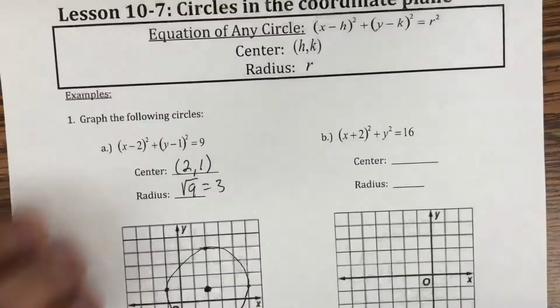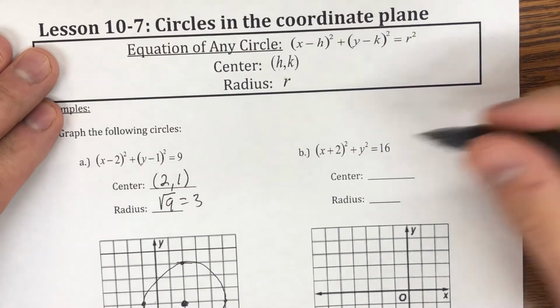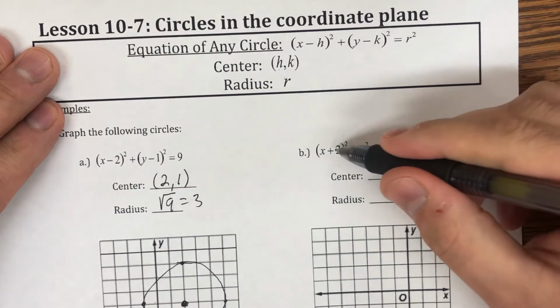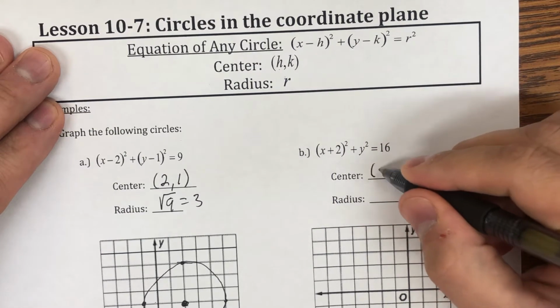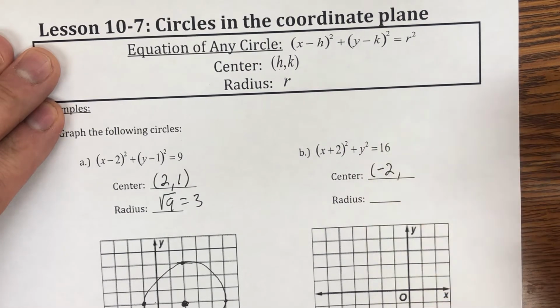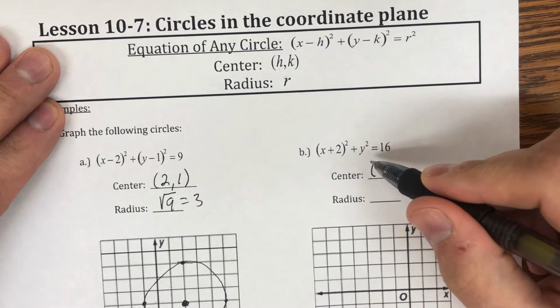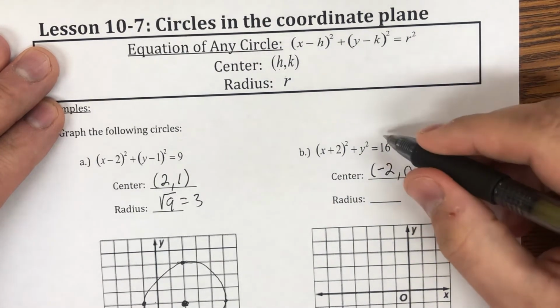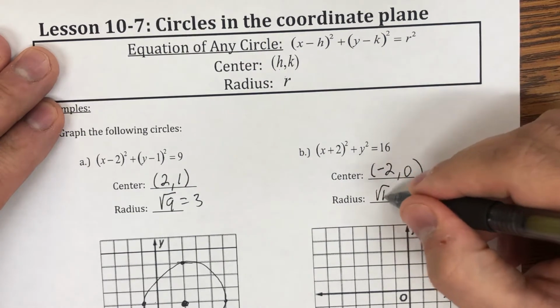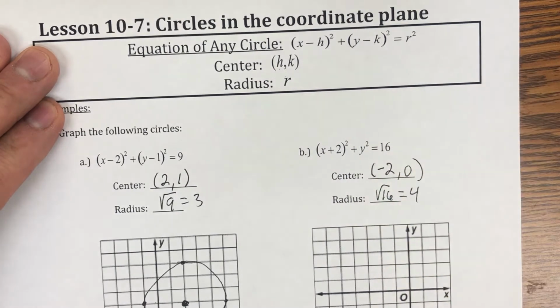Next one, identify the center, x minus h. So this time it's a plus 2. So negative had to go in, so the center is at (−2, 0). Now in this case, there is no k. So k is 0. To find the radius, take the square root of 16, which is 4.